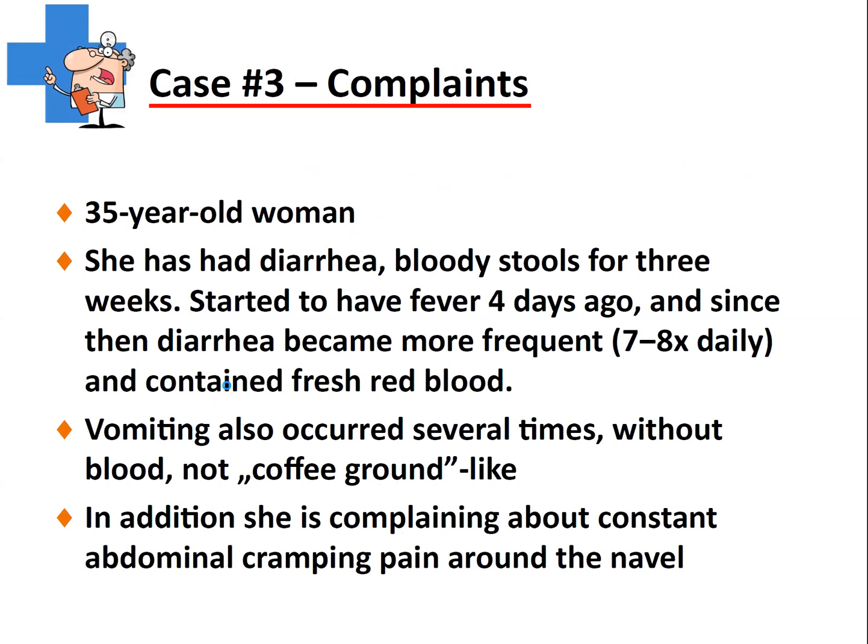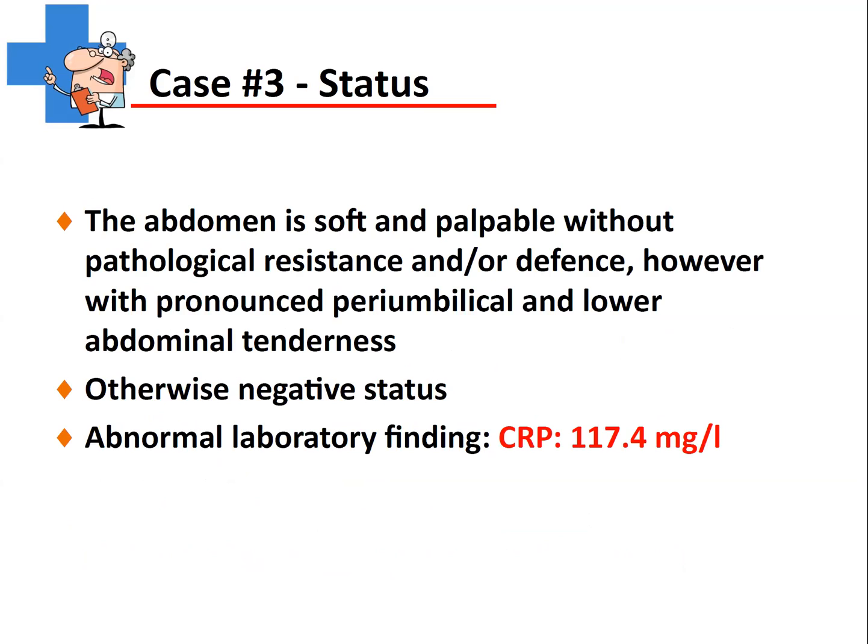In addition, she is complaining about constant abdominal cramping pain around the navel. The abdomen is soft, palpable, without pathological resistance or defense. However, there is pronounced periumbilical and lower abdominal tenderness, otherwise negative status, and look, the CRP level is very, very high.